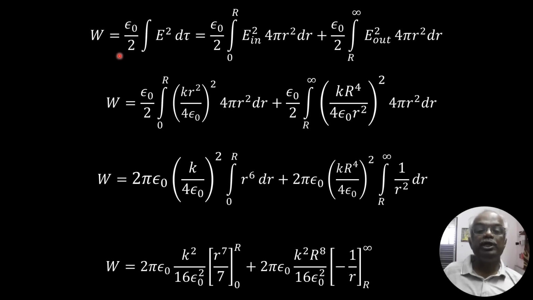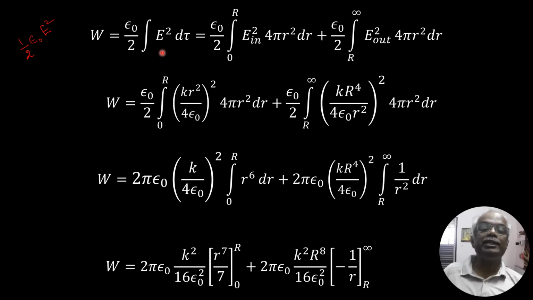So we have calculated the electric field inside and outside. Now we have to calculate the energy, that is work done, which is equal to epsilon naught over 2 integral E squared d tau. Here the work done is half epsilon naught E squared. So we have taken the E squared for a small volume element, and if you integrate, you will get it for the total sphere.